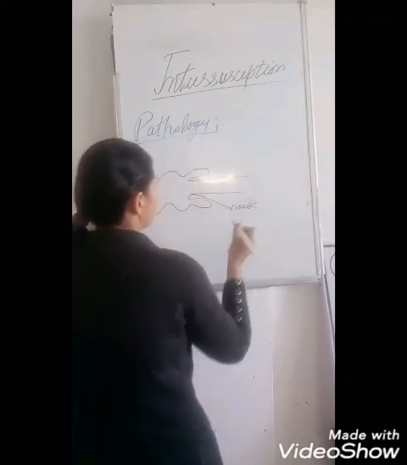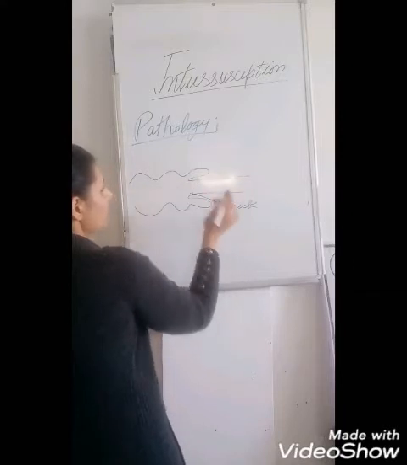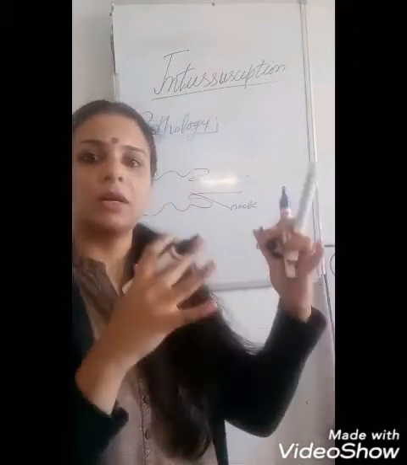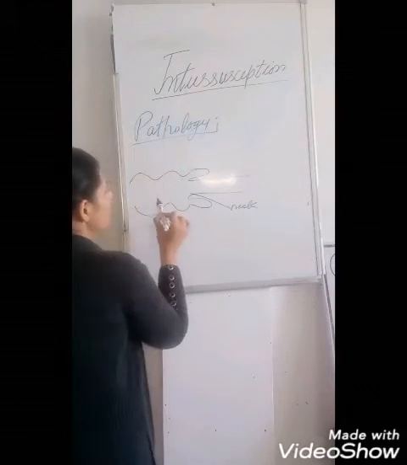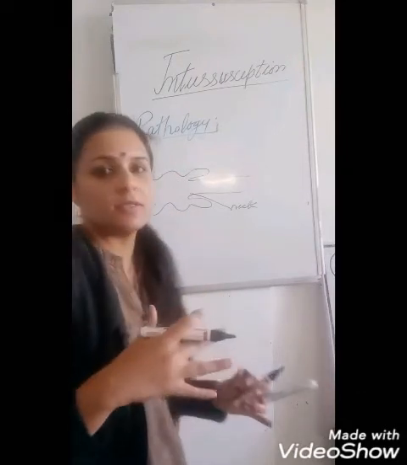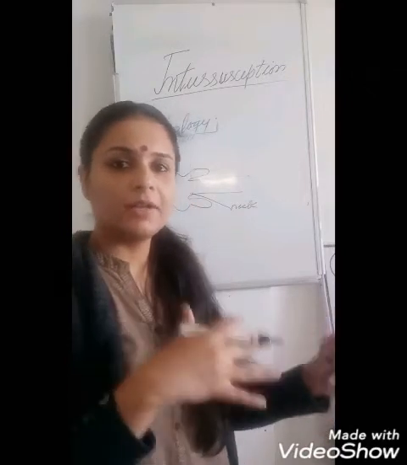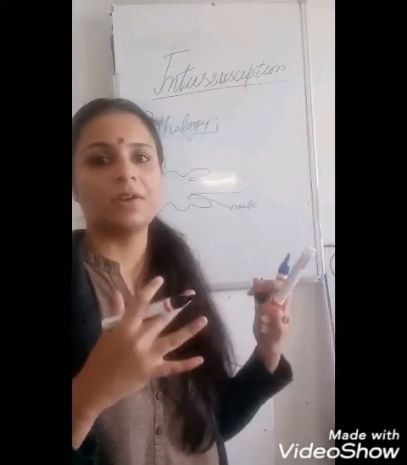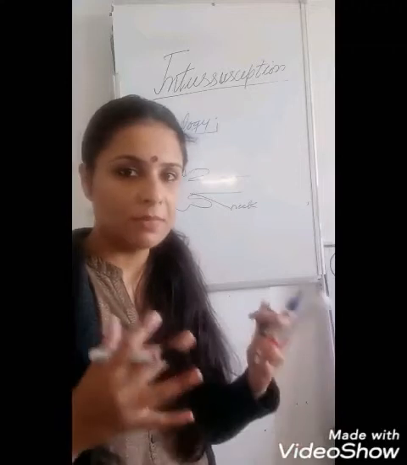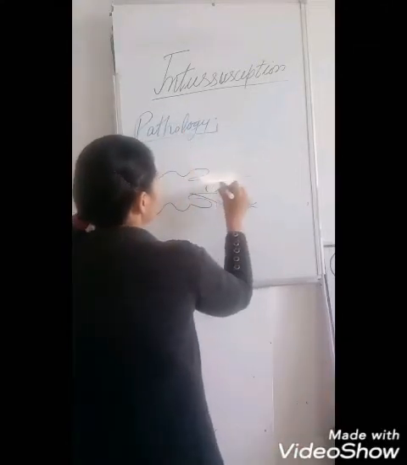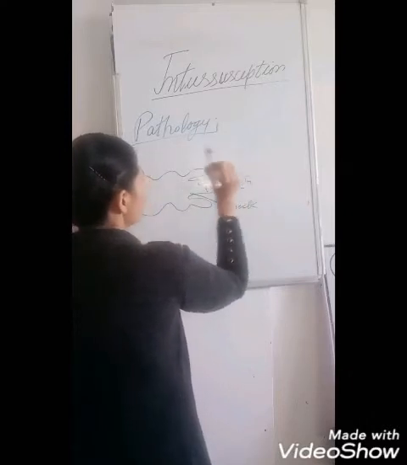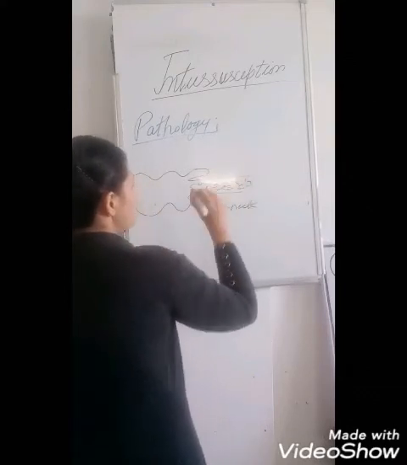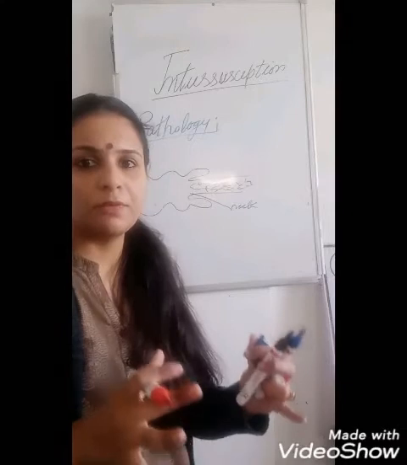As the apex gains entry or enters into the distal bowel, the intussusception, that will drag the mesentery, and the mesentery has a lot of blood vessels inside. So that will cause obstruction, that will cause contraction.